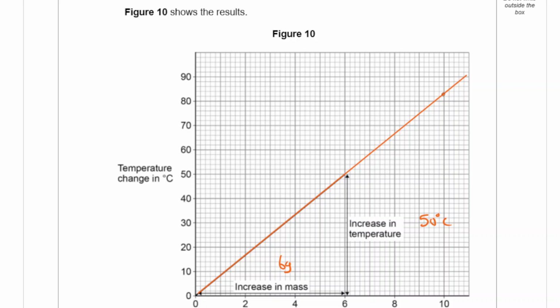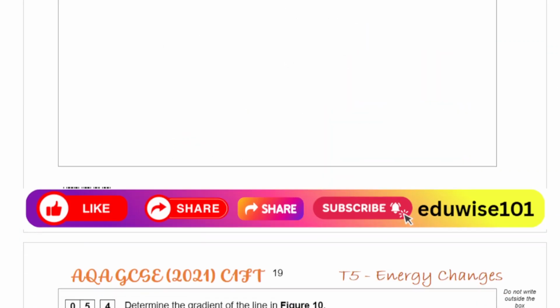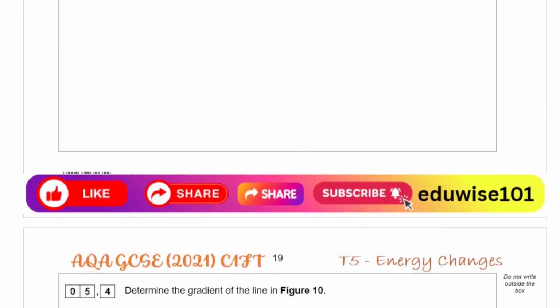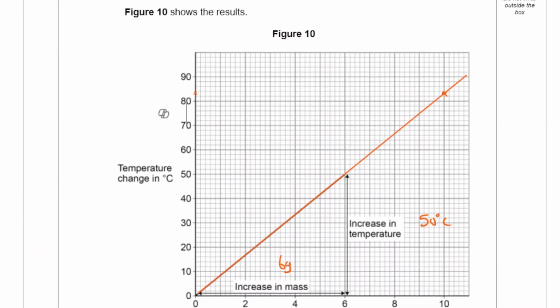If it's 10 grams, the temperature is going to be really hot, till about 80 degrees, and that could be a risk. So you should extend the graph line as I did. They are saying to extend.